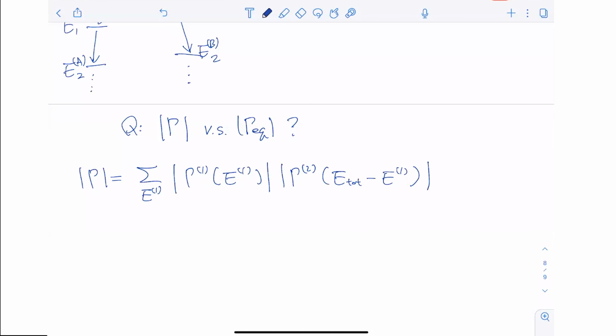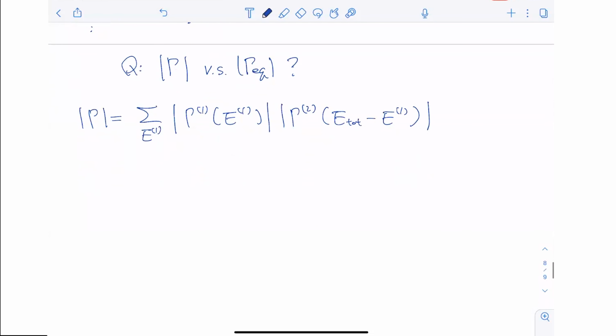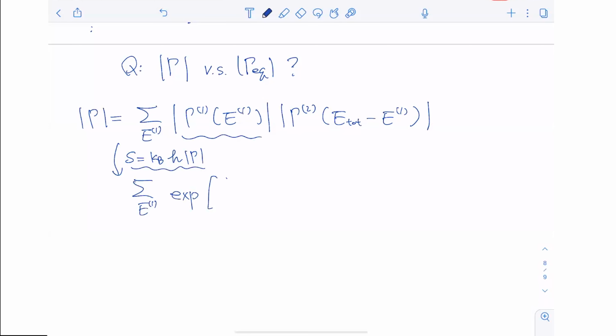This is just a rewrite; I didn't do anything new. Here we want to use Boltzmann's postulate to approximate the value of this phase space. I can replace this phase space volume by some exponential of the entropy expression, so it ends up being something like this.